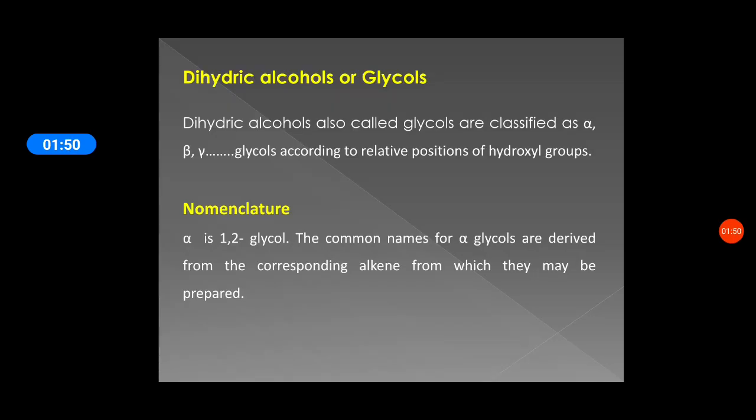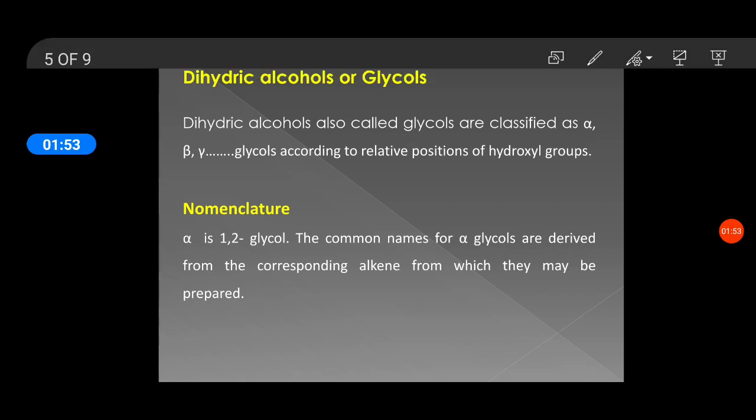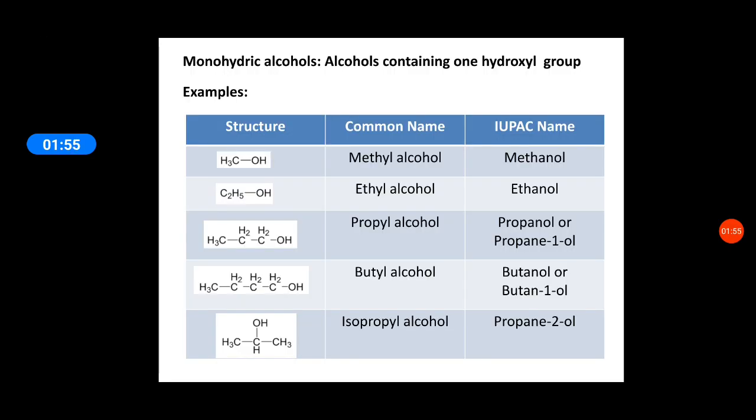Monohydric alcohols are alcohols containing one hydroxyl group. So examples for monohydric alcohols, their common name and IUPAC name is given here. From methane, one hydrogen is replaced by OH group. So CH3OH, it is called methyl alcohol.